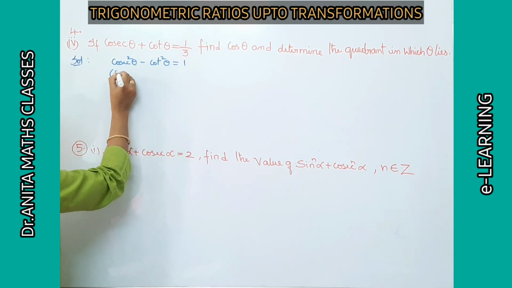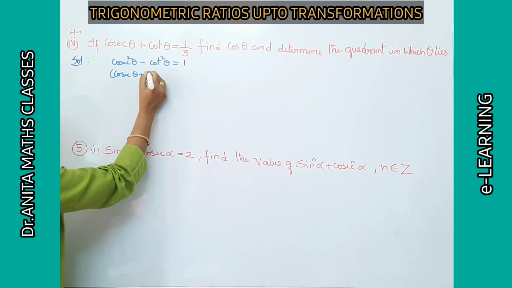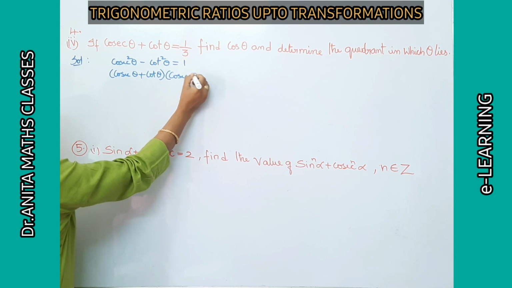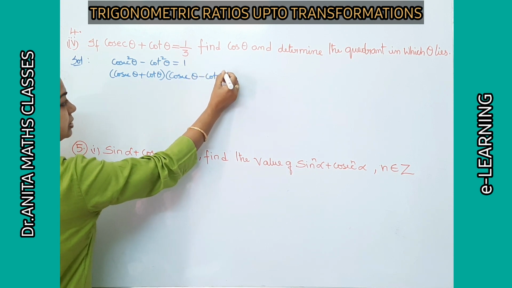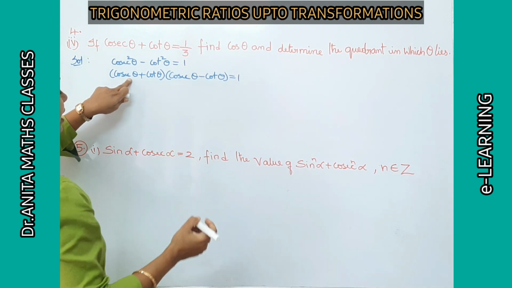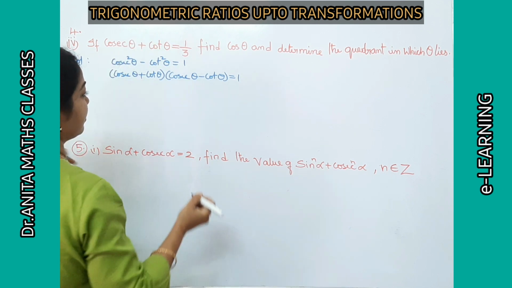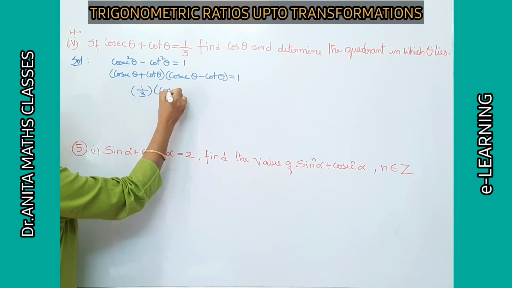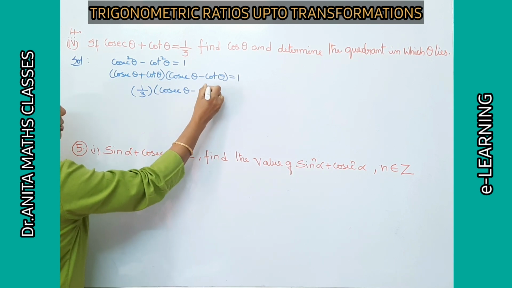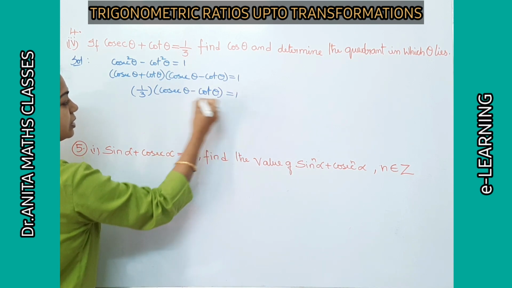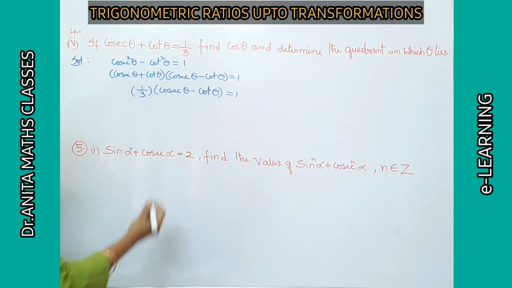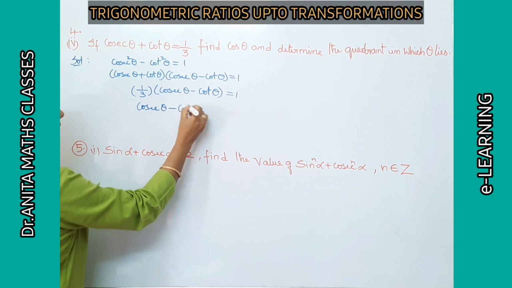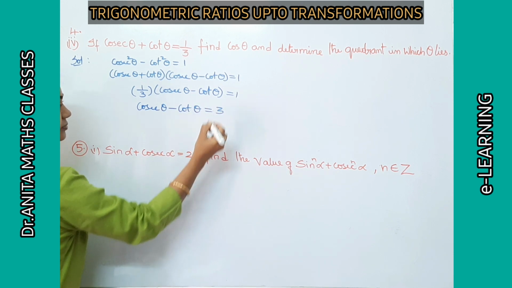We can split it as cosecant theta plus cot theta into cosecant theta minus cot theta, which is equal to 1. We have the value of cosecant theta plus cot theta as 1 by 3. So 1 by 3 into cosecant theta minus cot theta equals 1. If you cross multiply, we get cosecant theta minus cot theta as just 3.